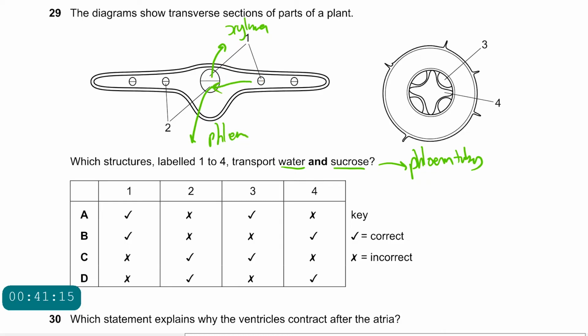Therefore, 2 is the phloem, and in a root, 4, the cross sign, is the xylem, and these edges are definitely the phloem. Therefore, the answer is C.